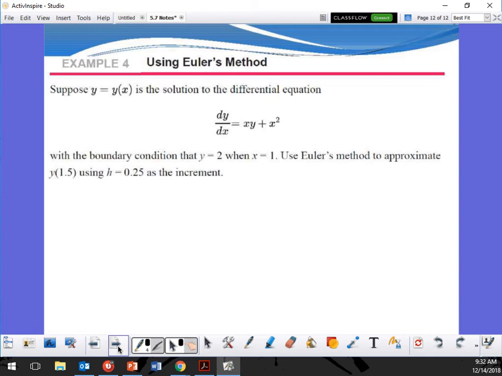Okay, so let's start off with y of 1.5. What does that represent?